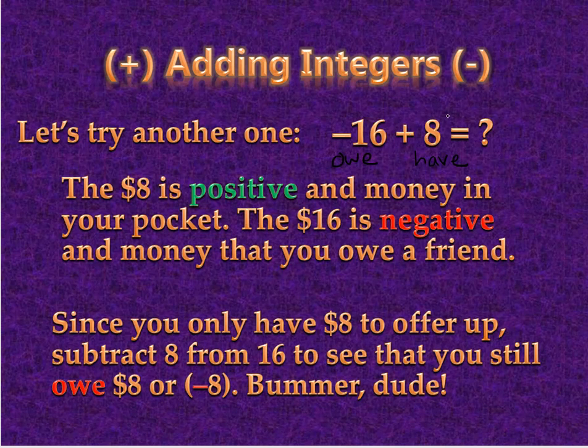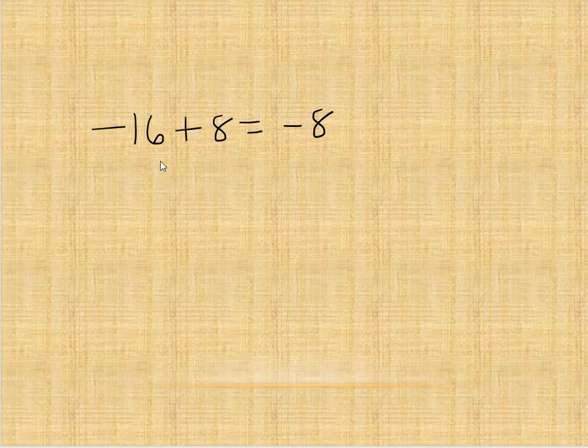So if you owe 16 and you only have 8, when you combine those, you're going to owe. So that means your answer is going to be negative. And then to figure out how much you owe, you take the 16 and you subtract the 8 and you get 8. So a -16 plus 8 is a -8.